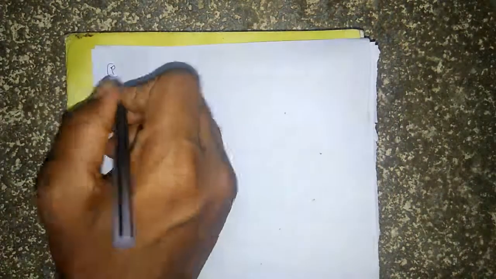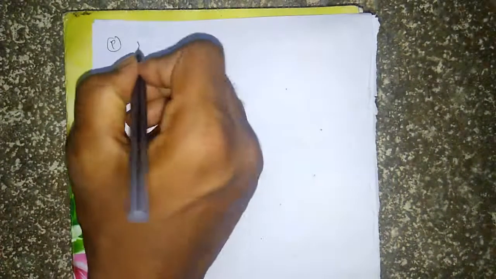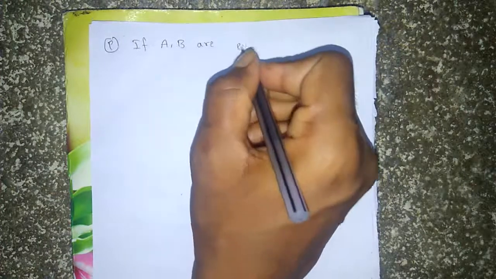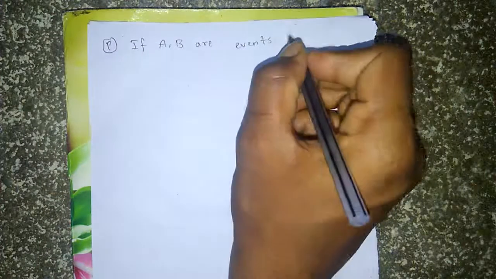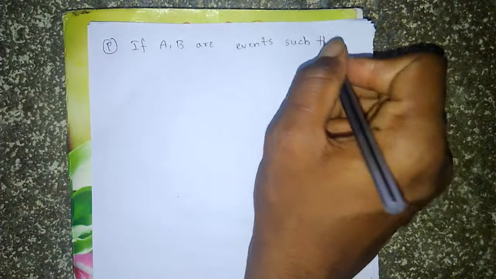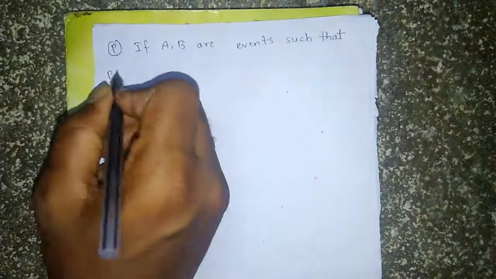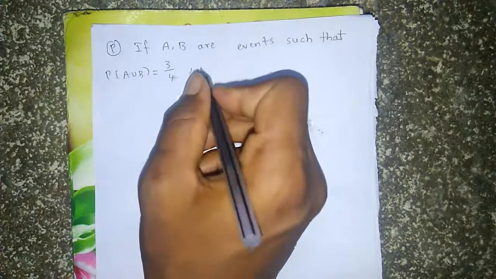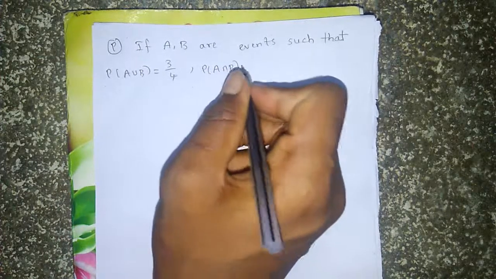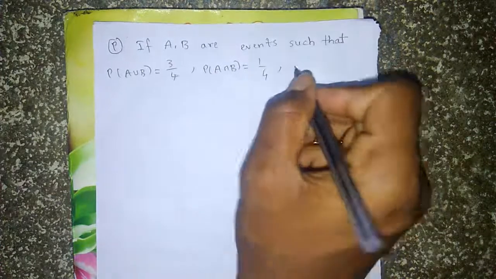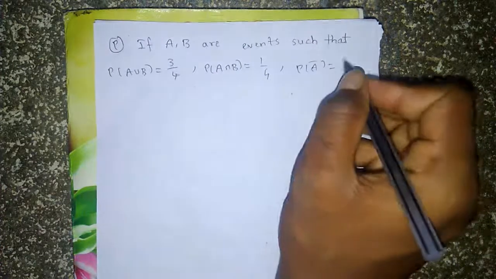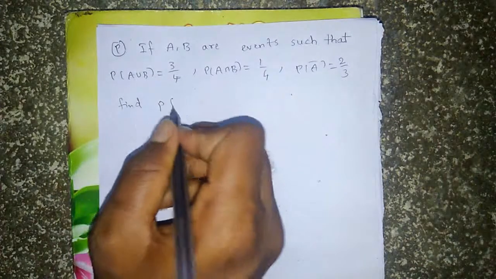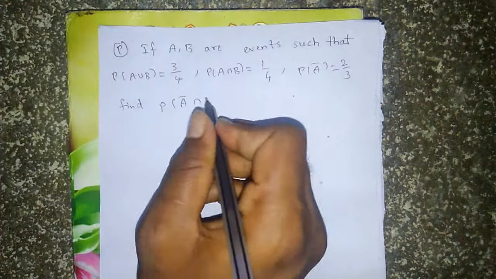Our next problem is, if A, B are events such that P of A union B is equal to 3 by 4, P of A intersection B is equal to 1 by 4, P of A bar is equal to 2 by 3, find P of A bar intersection B bar.